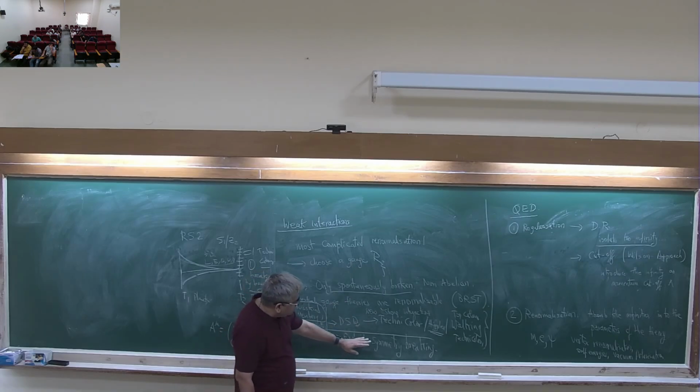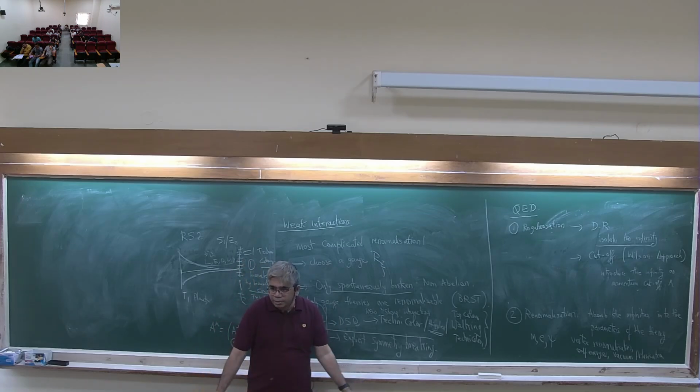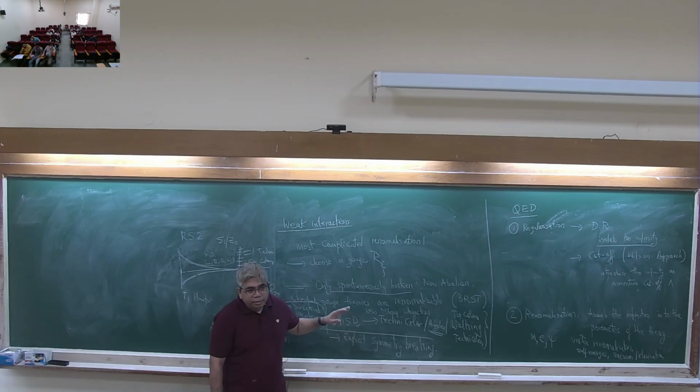The other way of making symmetry breaking is to say, I don't care about spontaneous symmetry breaking, I'll just write the terms in the Lagrangian and forget about it. That's called explicit symmetry breaking. But explicit symmetry breaking theories are not renormalizable.